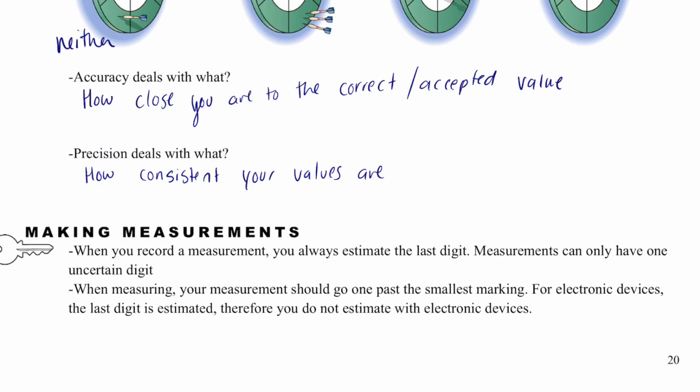So the rule is that when you record any measurement, you always estimate the last digit. And measurements can only have one uncertain digit, and this is going to be your estimated digit.